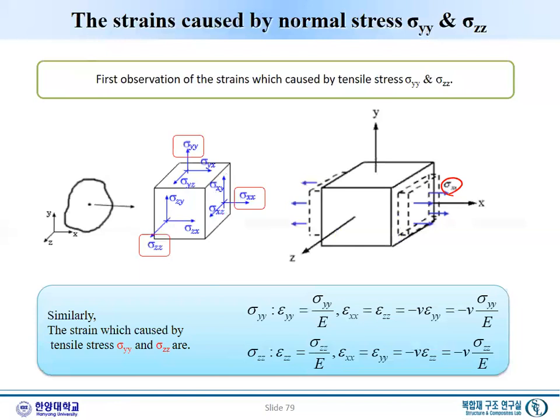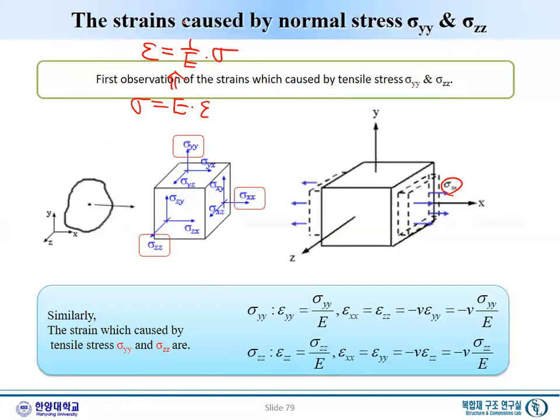How many stress components? 6. So 6 and 6, there is some relation. Just imagine sigma equals E epsilon. Okay? This is just a 1D version. Now we are trying to have a 3D version.